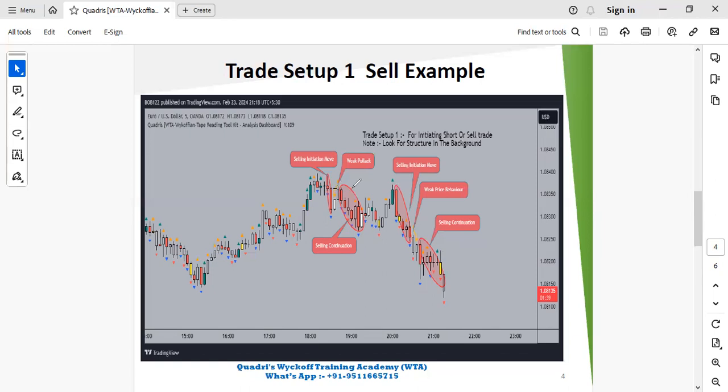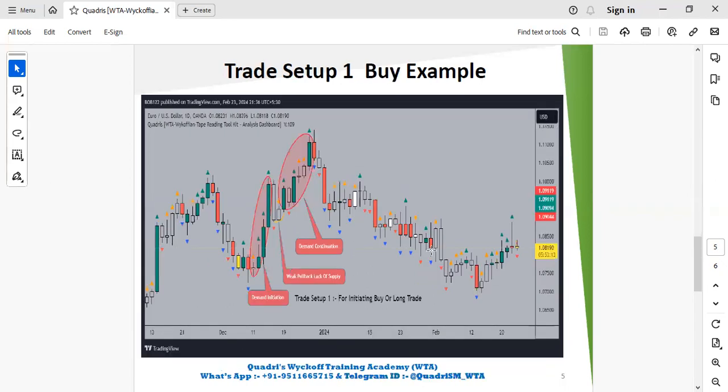But if this happens either with an upthrust taken into consideration, or with resistance or support getting converted into resistance, this adds more weightage to your trade, meaning more probability of winning this particular trade.